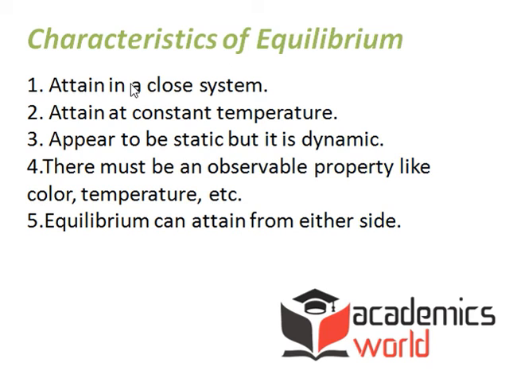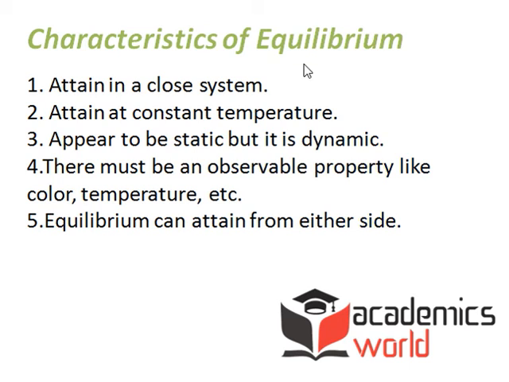So from all these physical equilibrium examples, what do we conclude? We conclude the characteristics of equilibrium. First, equilibrium is attained in a closed system.